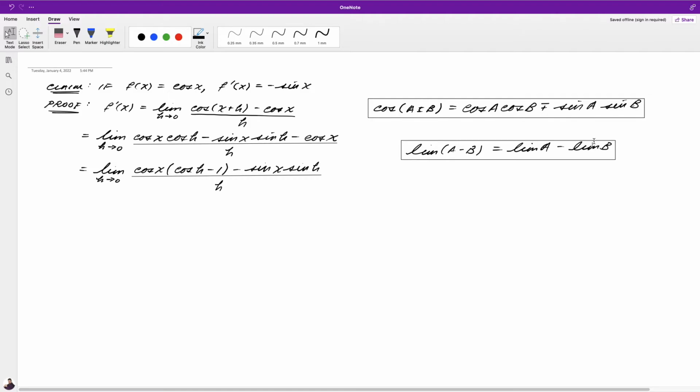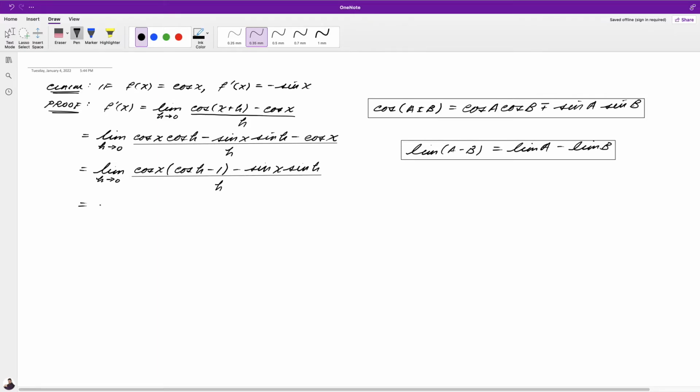But the limit properties are rather intuitive when you really think about them, and they are exactly as we would want them to be. Limit of a difference is the same thing as a difference of limits. Limit of a sum is the same thing as a sum of limits. Limit of a product is the same thing as the product of limits. Limit of a quotient is the quotient of limits, just as we would want. Limit of a function is the same thing as the function of the limit, and so on and so forth.